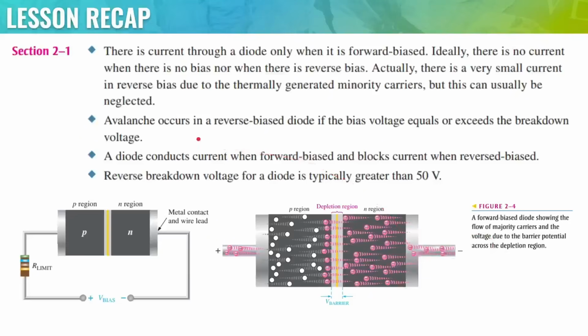The other things here: avalanche occurs in a reverse bias diode if the bias voltage equals or exceeds the breakdown voltage. A diode conducts current when forward biased and blocks current when reverse biased. The reverse breakdown voltage for a diode is typically greater than 50 volts.